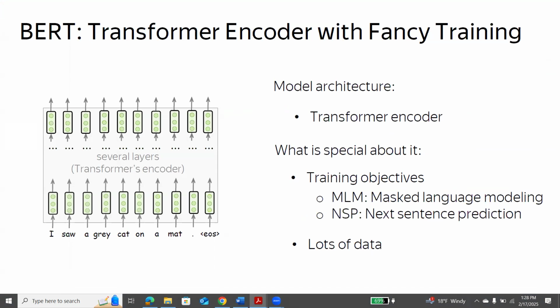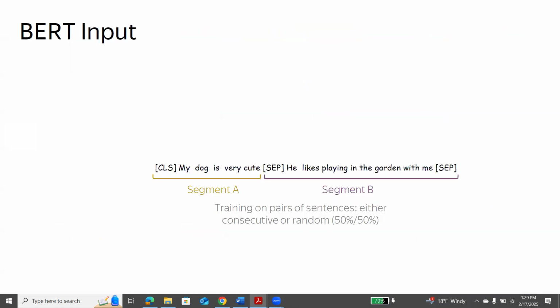You remember in translation, we had encoder, decoder, and cross attention. So BERT is just the encoder. We have just multiple transformer layers, in the original paper 12.